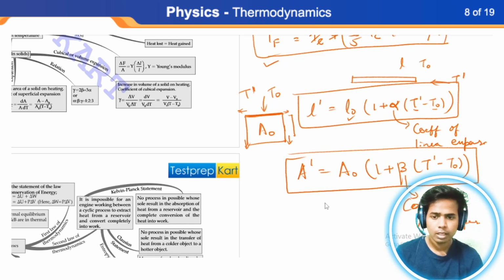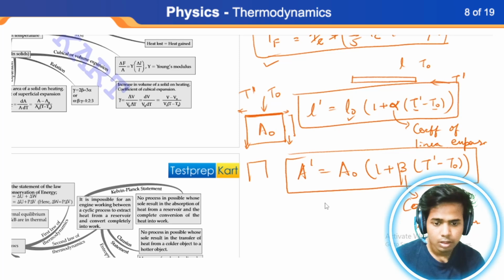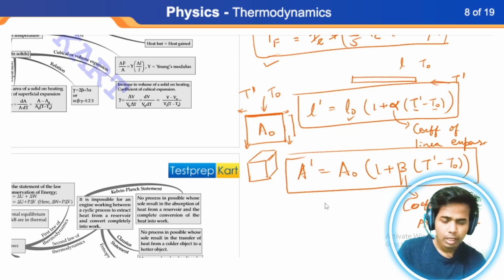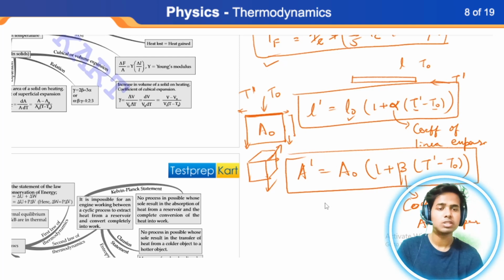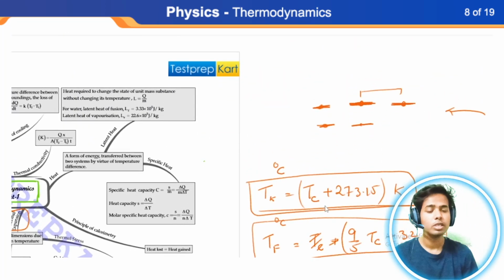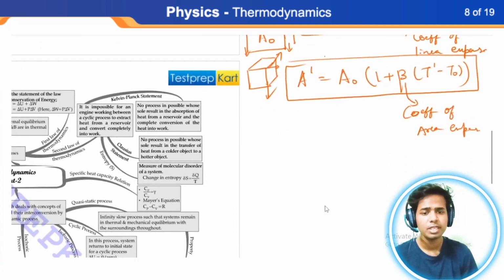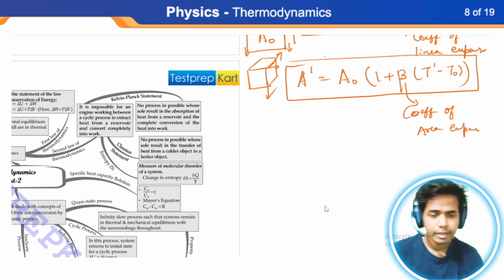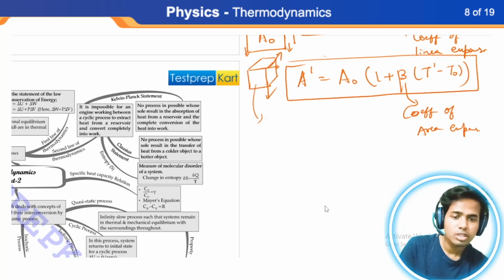Alright? Now let's see, we have a cuboid. There is this cuboid. If you provide heat into the system, the length will increase, the breadth will increase, and the height should also increase, because all three dimensions will be governed by the same logic that we discussed above, that heating increases intermolecular distances. So if it increases, it will increase in all directions. That is why the volume will also increase.